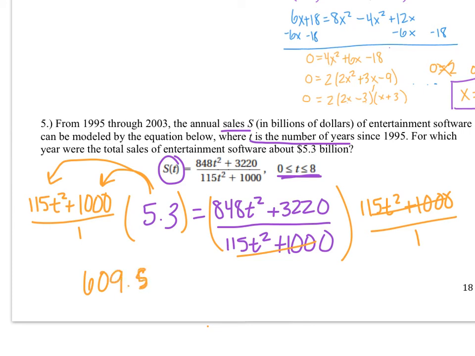Keep your t squared. And then plus 5,300 equals, now you're just left with your numerator.